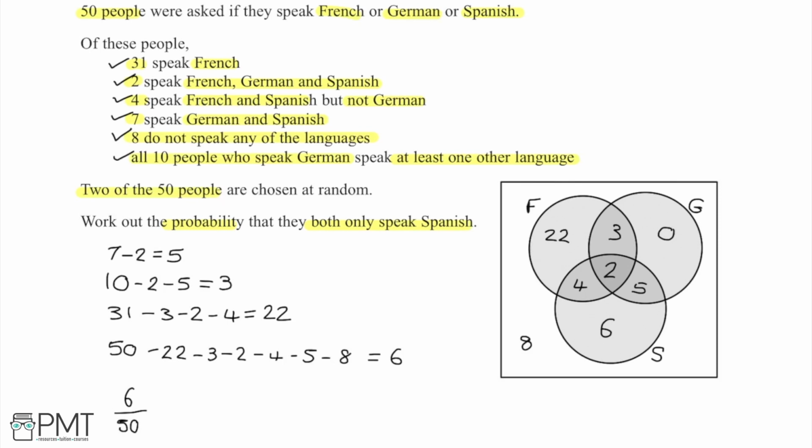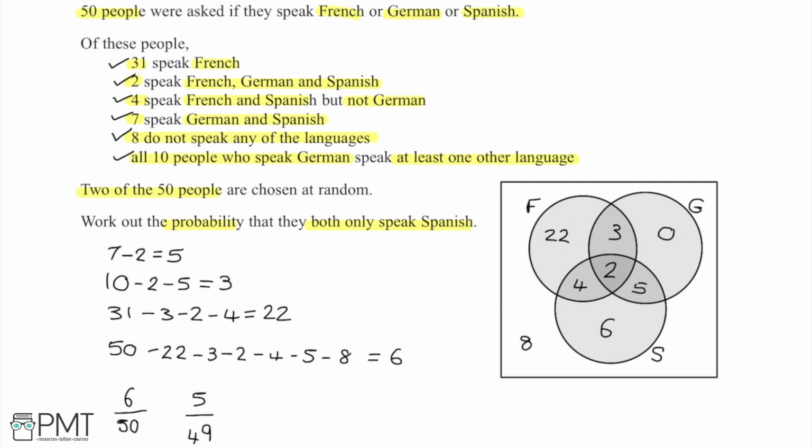And the probability that the second person chosen at random only speaks Spanish, well, we've already taken that first person out. We can't pick that same person again. So there are actually now only 5 people left that speak Spanish because we're not including that original one. And that's going to be 5 out of a possible 49 because, again, we've subtracted 1 from the 50 original people because we can't pick that same person again.